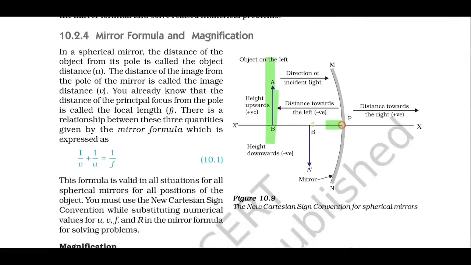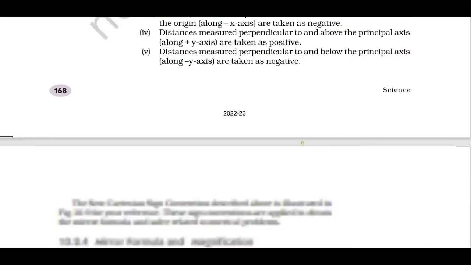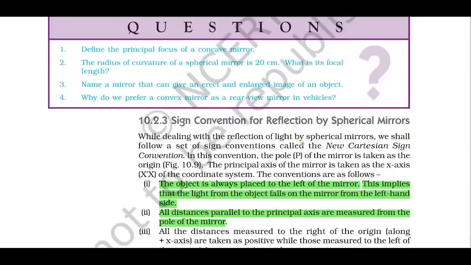So on the left side it is negative, on the right side it is positive. Again, height upwards is positive, height downwards is negative. So these are the sign conventions you should know to solve the problems.